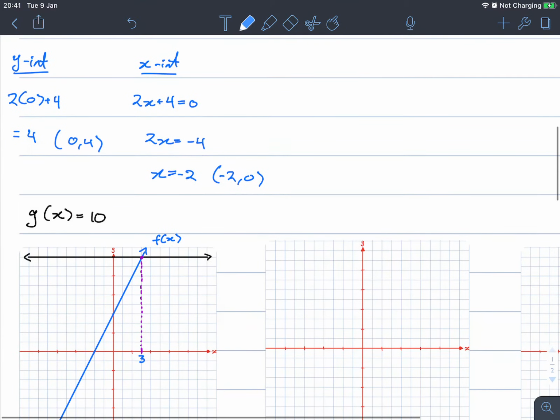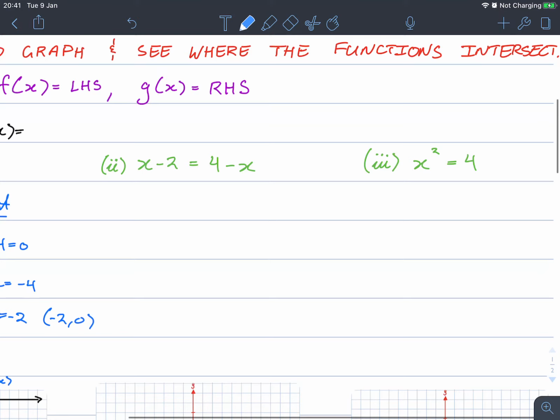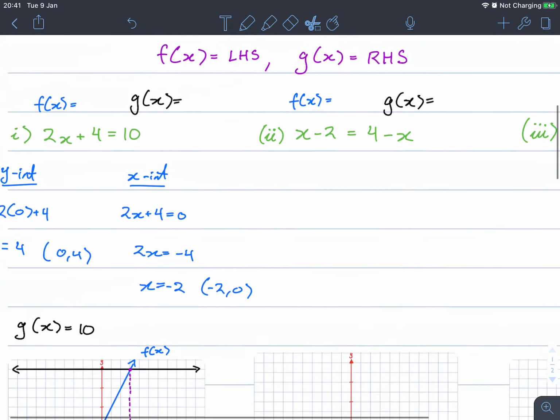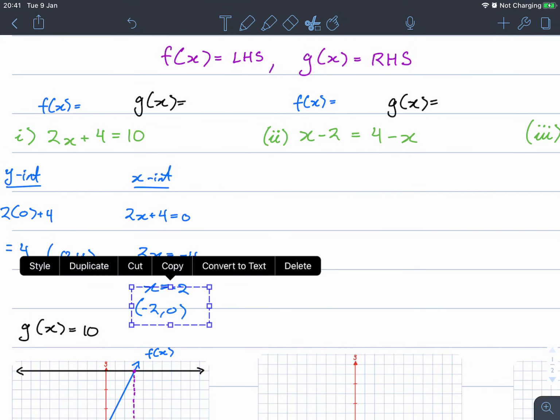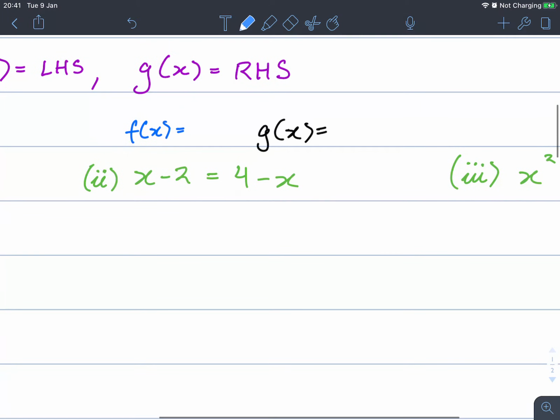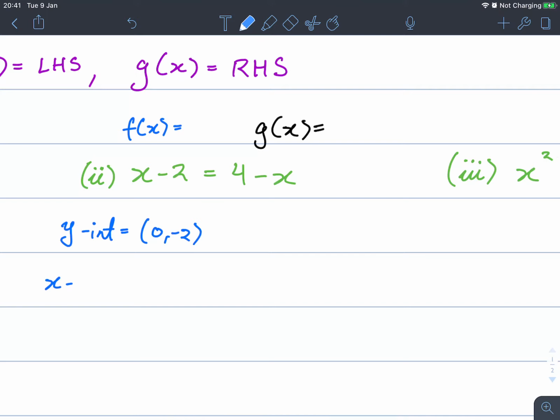Let's do this one more time. Here's my f of x, and my g of x is on this right hand side. I'm going to take a lot of shortcuts here because I'm low on space. Let's find the y-intercept for f of x. My y-intercept is going to be at (0, -2), and my x-intercept is going to be at (2, 0).